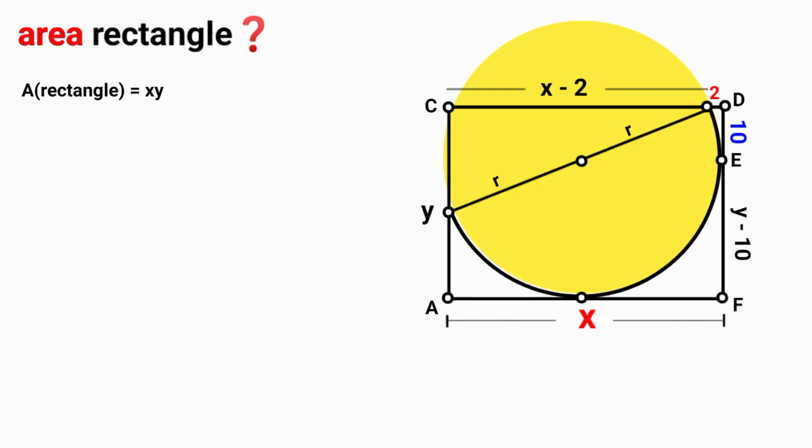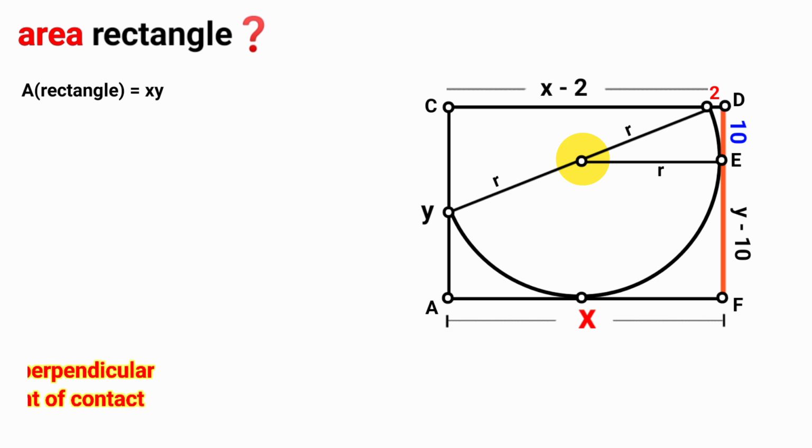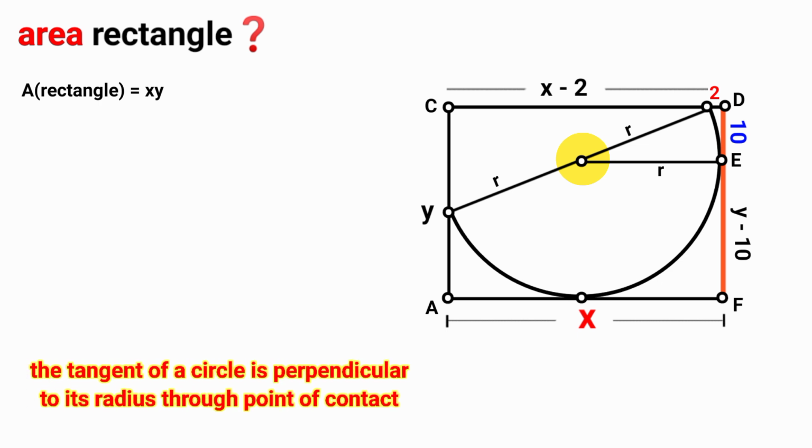Now we can see this line DF is a tangent at this point. So if you draw the radius of the semicircle from this point of contact to this center, there is a rule from the circle theory that the tangent of a circle is perpendicular to its radius through the point of contact. So by this rule, this tangent is perpendicular to this radius at this point.